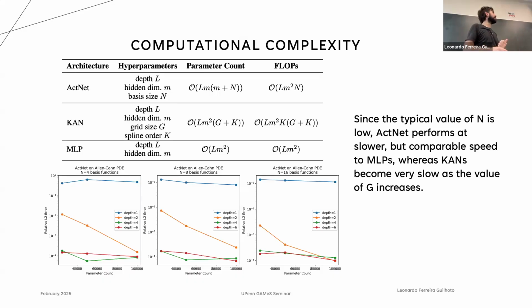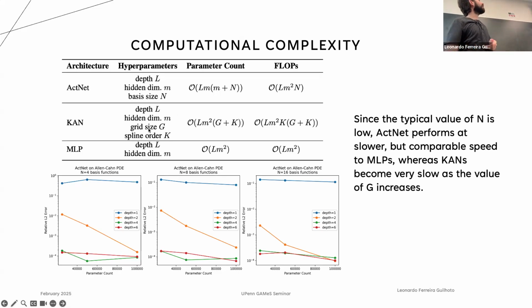To use a B-spline, you have to pick a spline order and a grid size for your, I think they call them collocation points. So in that case, you have these other added hyperparameters G and K. Okay, and K is usually 3, but G can be upwards of 100, 200, and more.